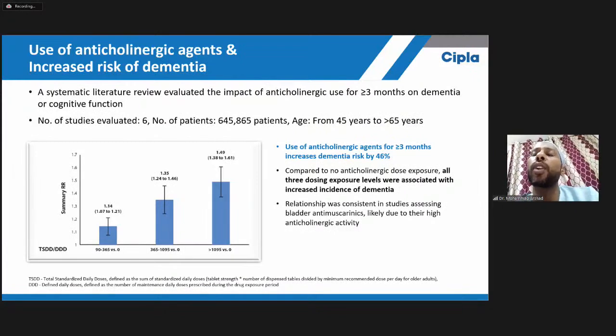But the problem with anticholinergic drugs is that after around 2 to 3 months, most patients, around 90%, leave the drug because the most common side effects are associated with dementia, and with increasing age this problem increases. It's a vicious cycle that creates more problems in people suffering from storage symptoms.